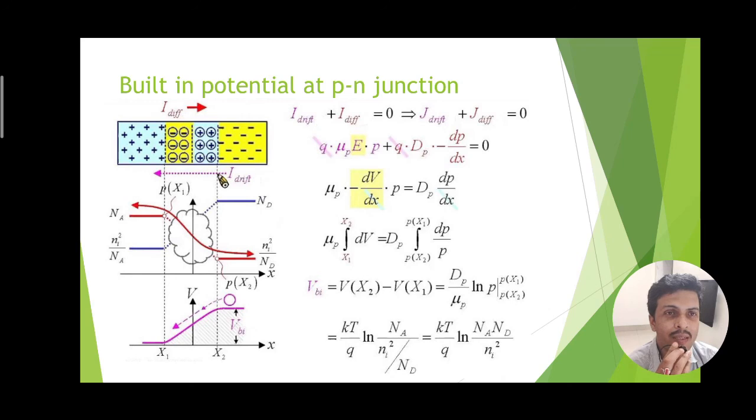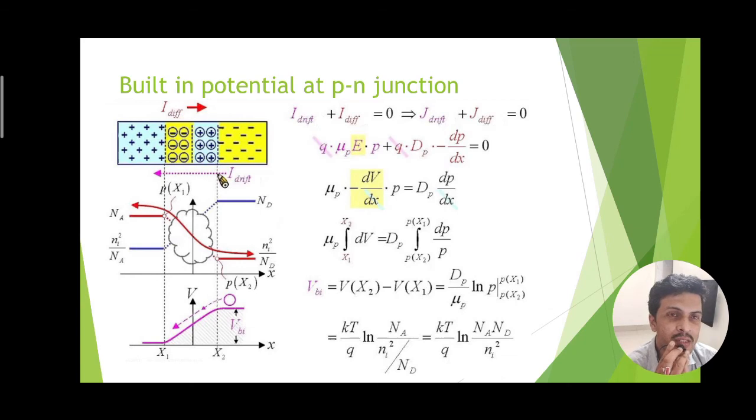So ultimately, this mathematical expression calculates the potential which is formed at the junction, known as the built-in potential, which is given by the product K into T, meaning Boltzmann constant into ambient temperature under the absolute temperature expression, divided by the charge Q into the natural log of the ratio, where the numerator is the product of the acceptor concentration and donor concentration, and the denominator is the square of the intrinsic carrier concentration.